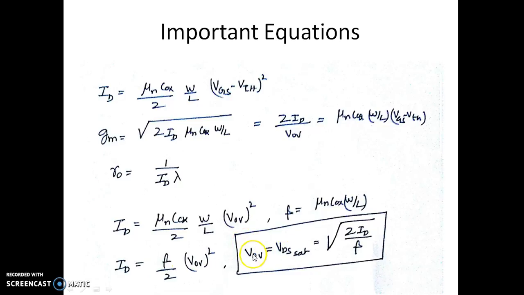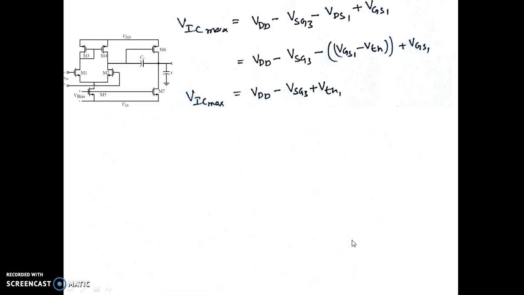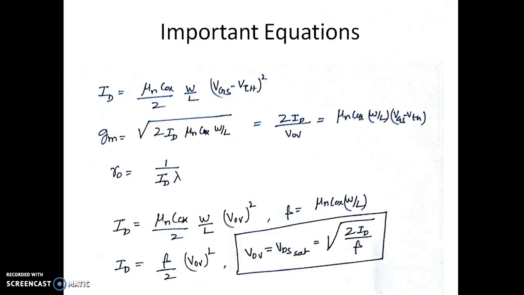So we can write ultimately the overdrive voltage, which is nothing but VDS sat, as the square root of 2 ID by beta. We are writing this in the form of ID and beta to exactly match the textbook expressions, where the value of VDS sat is given as the square root of 2 ID by beta. So this is there in the Allen Holberg textbook.